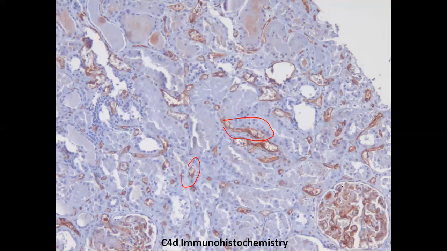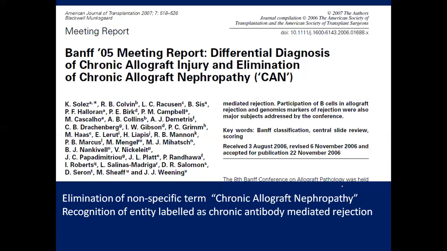chronic antibody mediated rejection. So in the 2005 Banff category, there was an elimination of the non-specific term called chronic allograft nephropathy, and there was a recognition of an entity labeled chronic antibody mediated rejection. So the terminology of CAN was replaced, I would say, by two things.